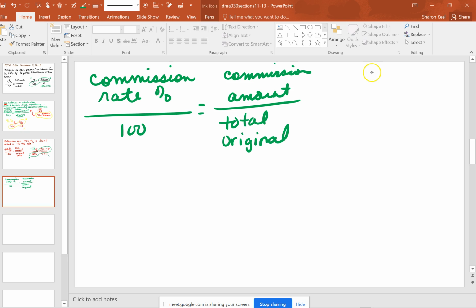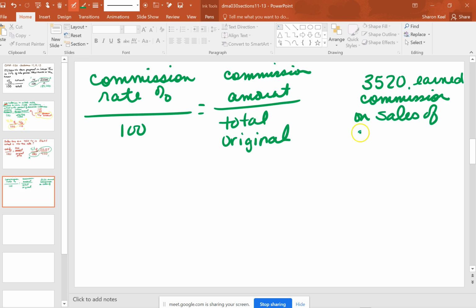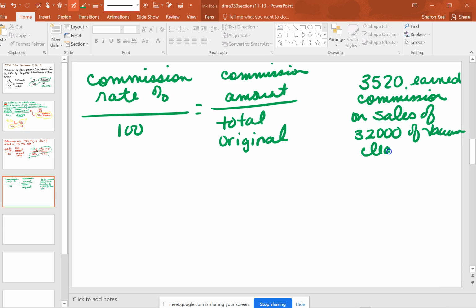So for this, we have 3520 is the earned commission on sales of $32,000 of vacuum cleaners. And we're solving for what percent that would be. What's the commission rate? So we're solving for percent.